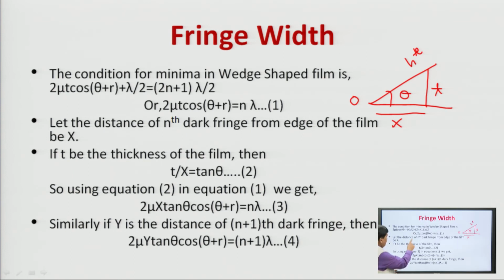So, equation 1, that is 2 mu t cos theta plus r is equal to n lambda, will become 2 mu, in spite of t we will write x tan theta cos theta plus r is equal to n lambda.